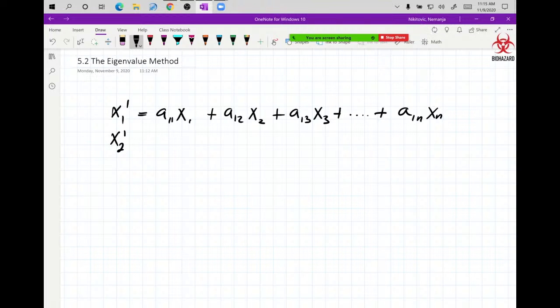Now I'm going to actually write out 3 of these so it's clear, because most of our systems will be 2 by 2 or 3 by 3, but this scales to any number of equations and variables you want or need for your application. So just continue the pattern.